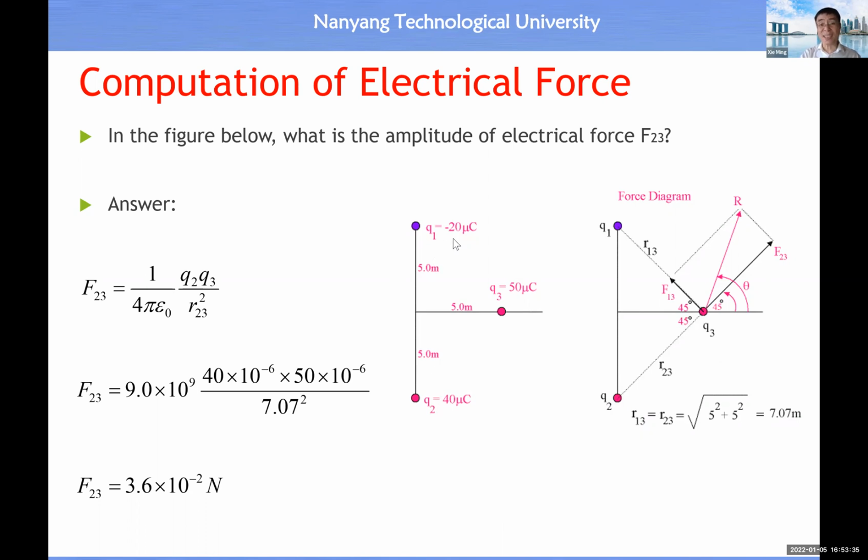Charge 1 equals -20 microcoulomb, charge 3 equals 50 microcoulomb, and charge 2 is equal to 40 microcoulomb. So we just put in the values, then we should be able to calculate the electric force acting on Q3 by Q2. In this case, the distance R23 is equal to the square root of 5 squared plus 5 squared. So it's quite straightforward.